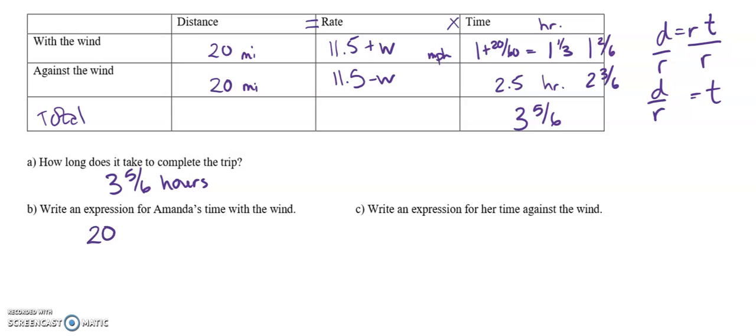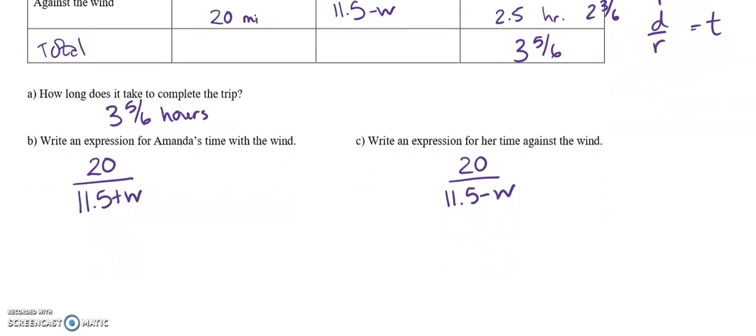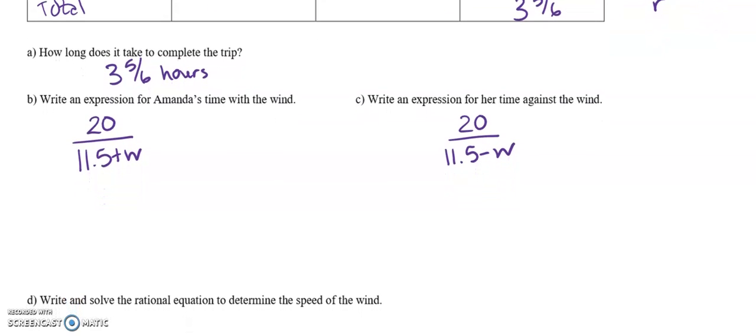The rate with the wind is 11.5 plus W. Write an expression for her time against the wind. Again, she's going a distance of 20 miles, but now she's going against the wind, so her rate there is 11.5 minus W.